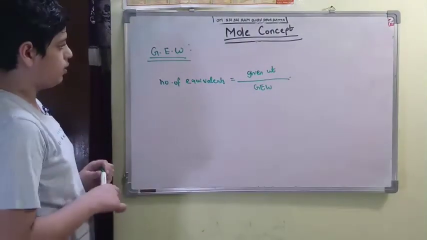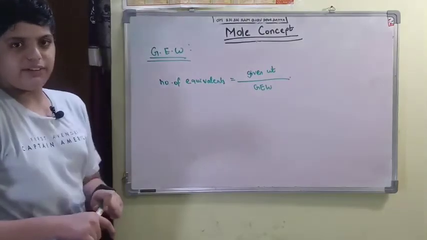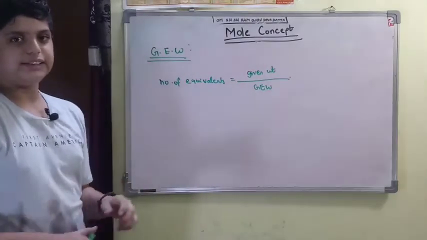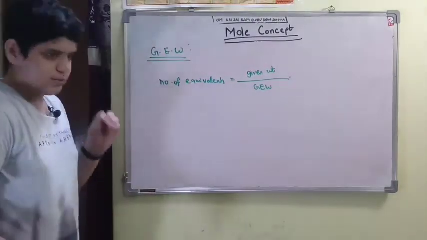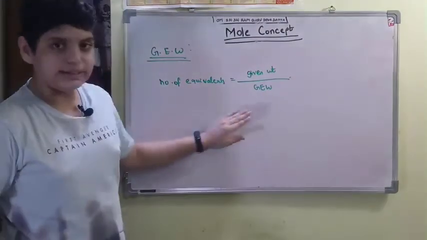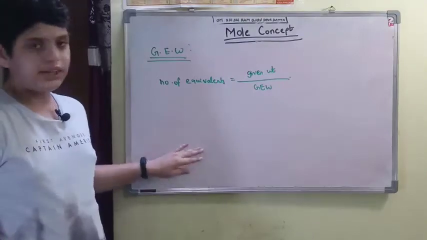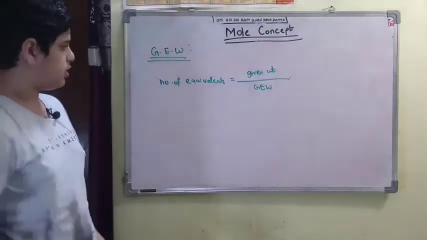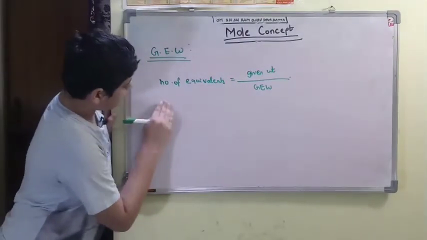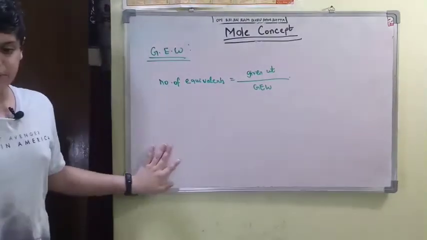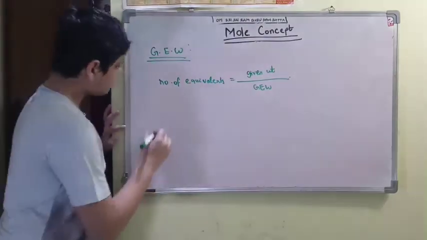Now let us find out. So gram equivalent weight, we can basically define it as the total mass of the given substance, the molecular mass, divided by the number of replaceable hydrogens. So let us take an example for that. So first let us study the concept, then we will take some examples.